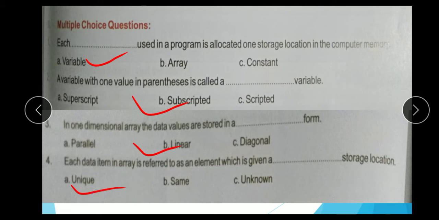Option A unique, option B same, option C unknown. The correct option is B unique.